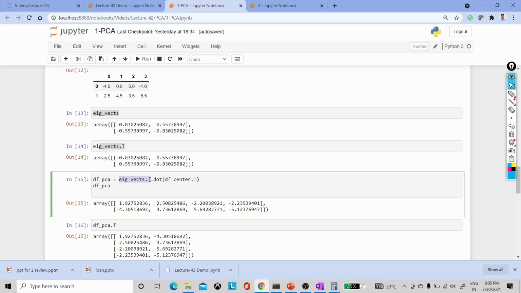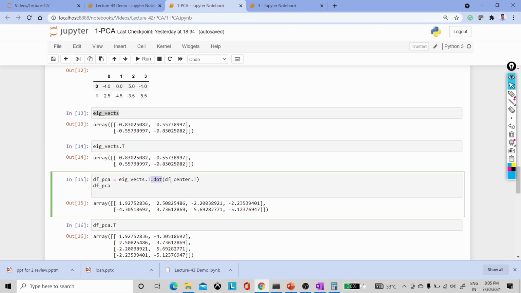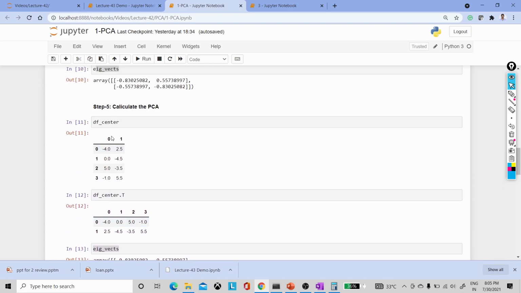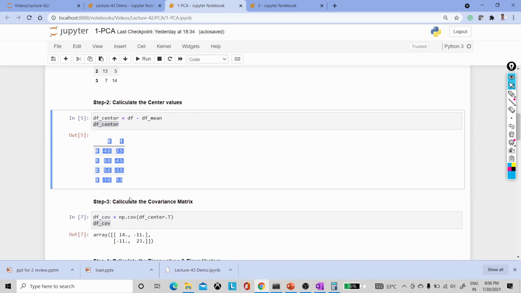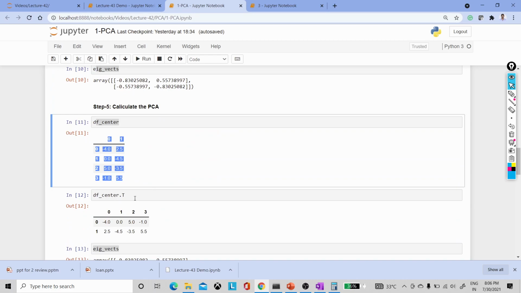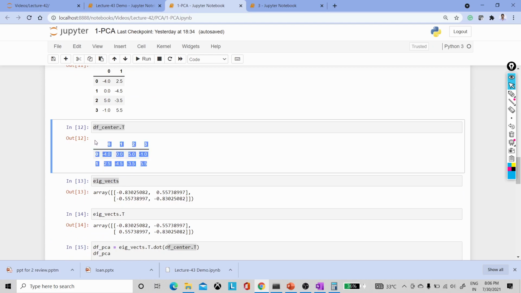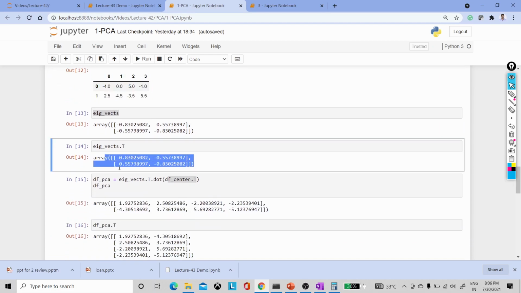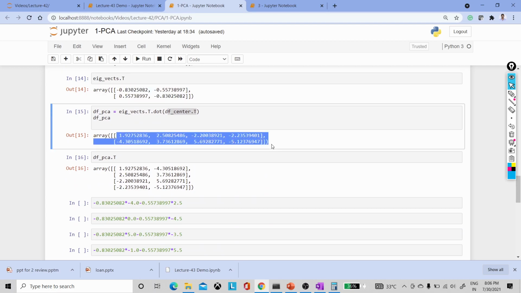So the eigenvectors transpose is multiplied, the dot product, with df of center transpose. This is the df of center, and we can apply the transpose to it and it will be converted like this. We multiply these values and these values, and you will get the PCA values. The PCA values can apply the transpose, so the rows will be converted into columns.